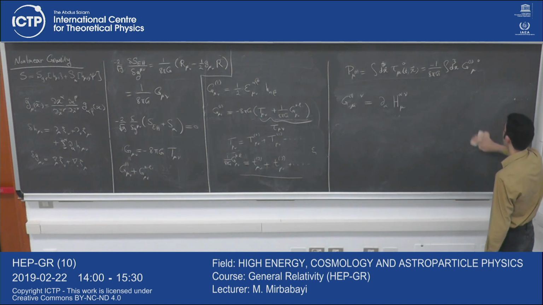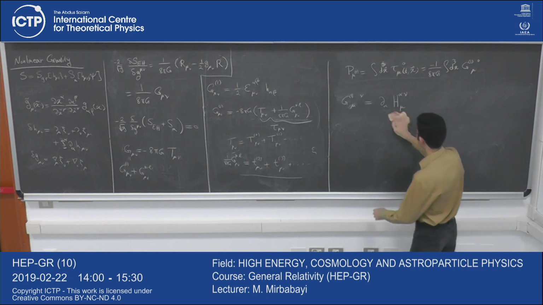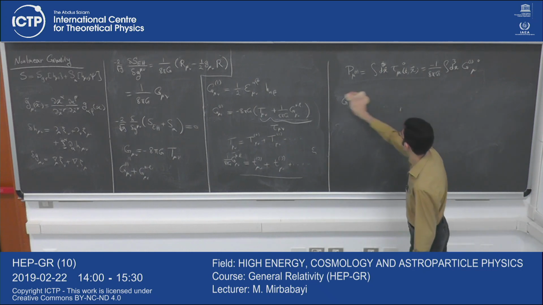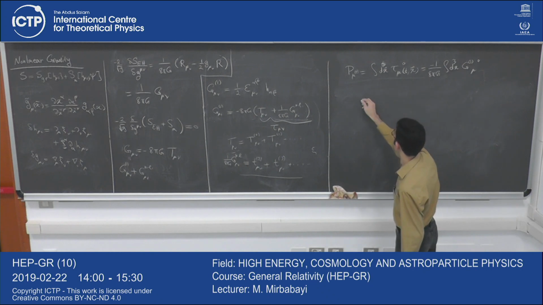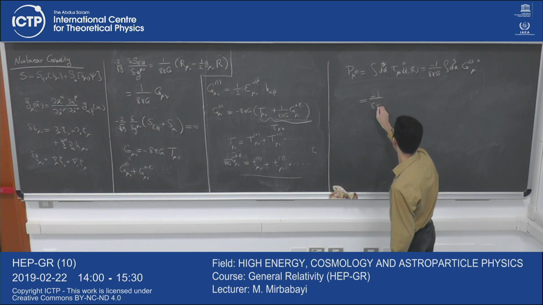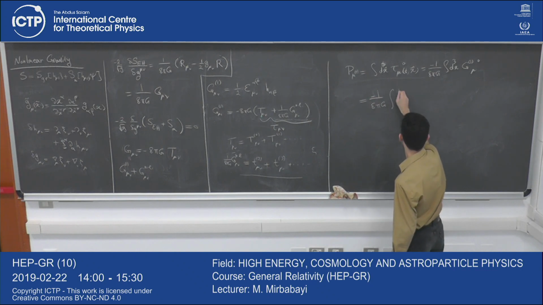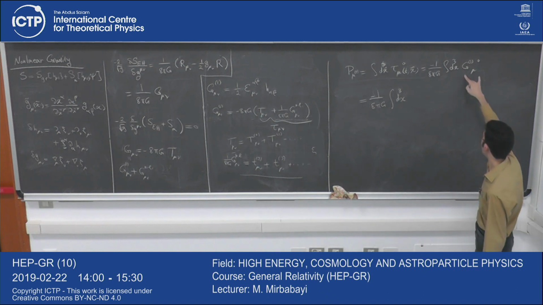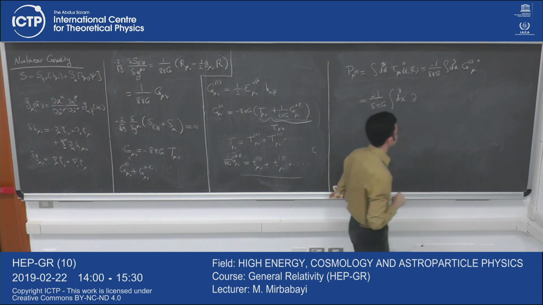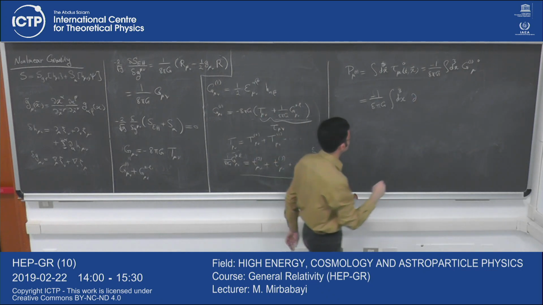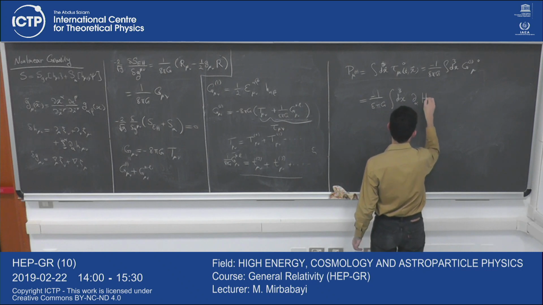We care because I can use this expression in here. So I have minus 1 over 8 pi g integral d3x, and here I should put the derivative d alpha of h alpha 0 mu.